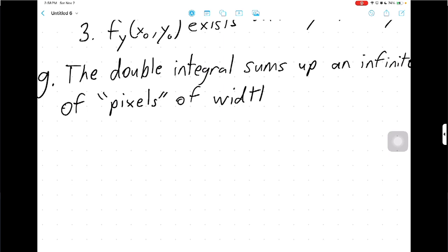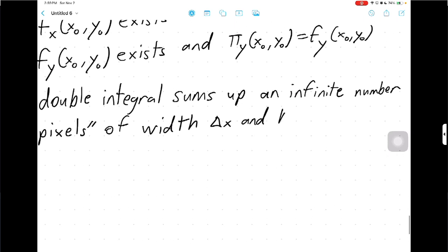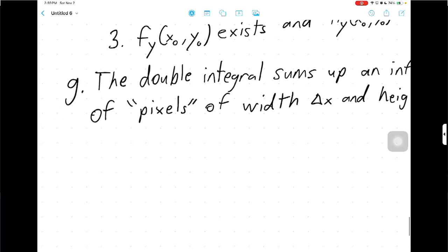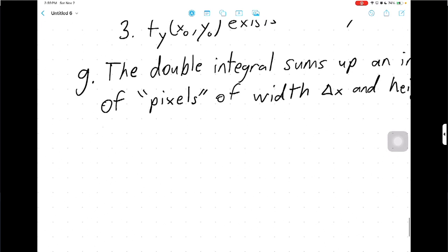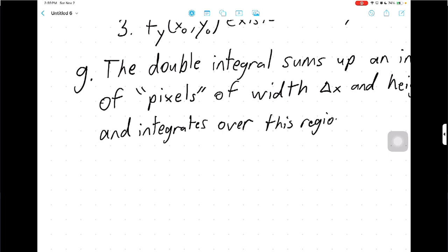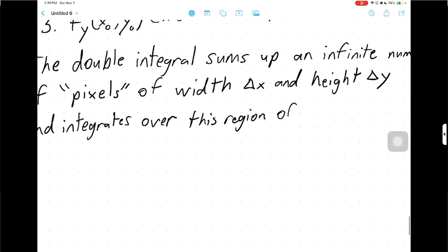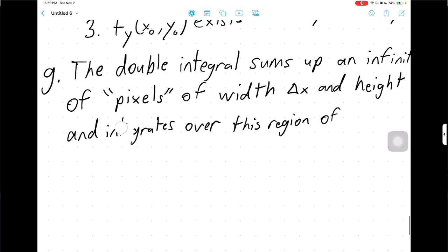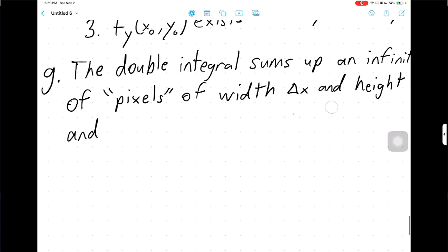Of pixels of width delta x and height delta y. And integrates over this region of pixels.